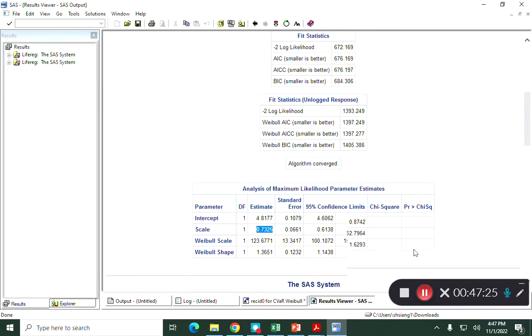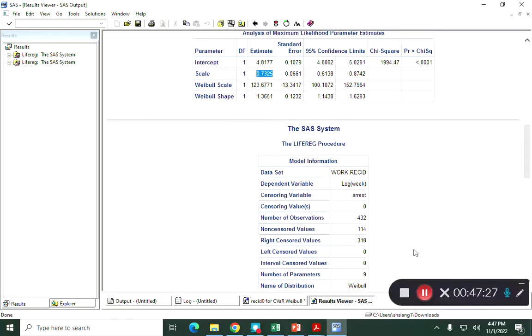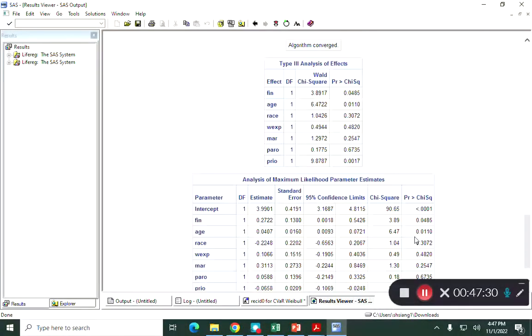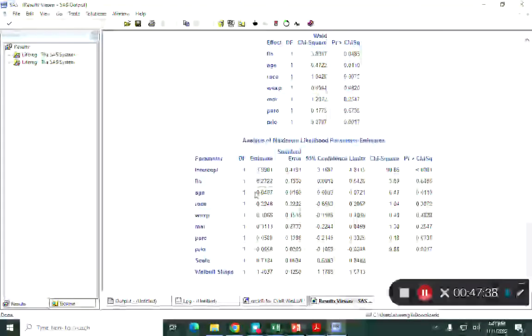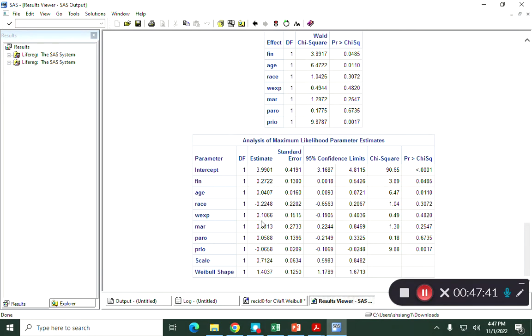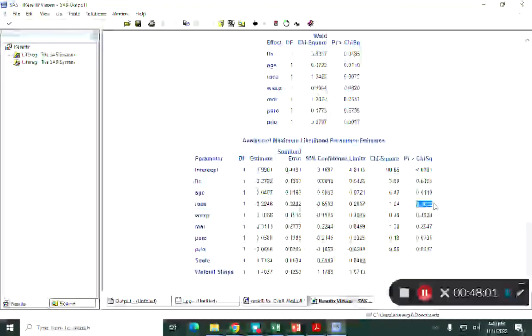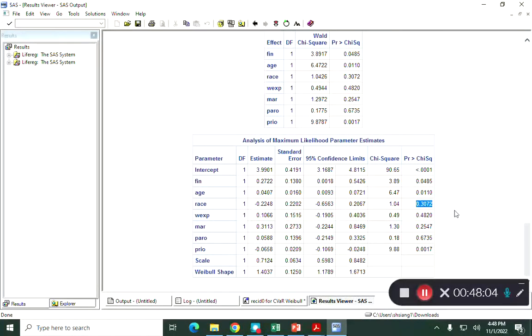And the next thing, of course, we need to plot that survival function. Next, this is the crazy one. We have the intercept, but on top of the intercept, I have finance, age, race, and all the parameters. If I worry about significance, finance is borderline significant, age is very, very significant, race is not significant. Race shouldn't be used in the regression. Would you agree? Because it doesn't matter.